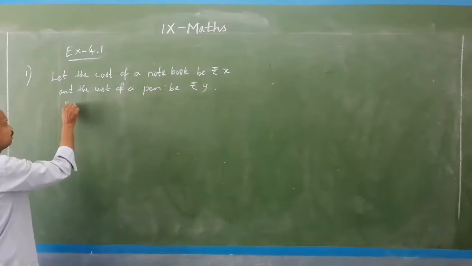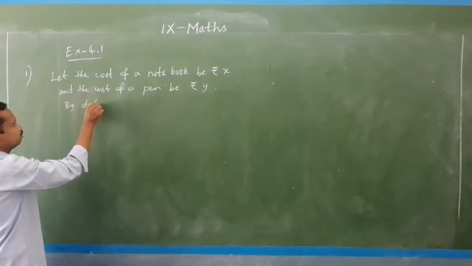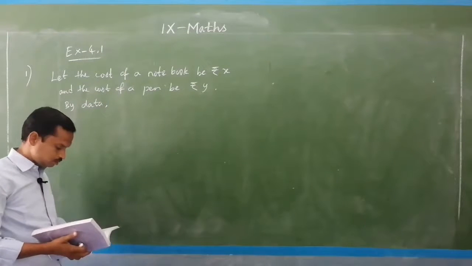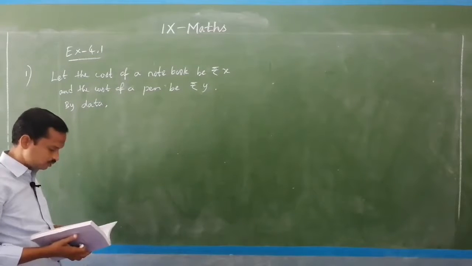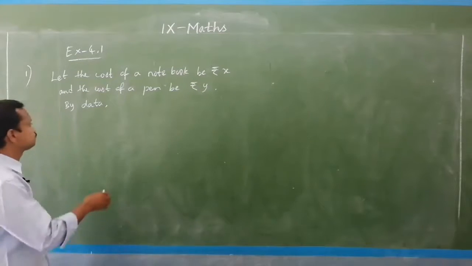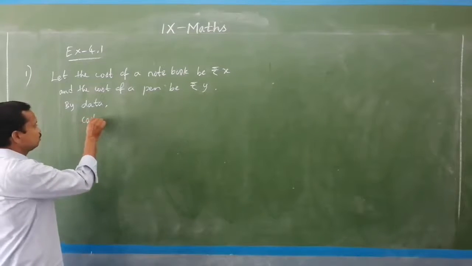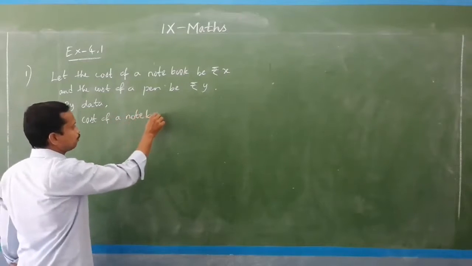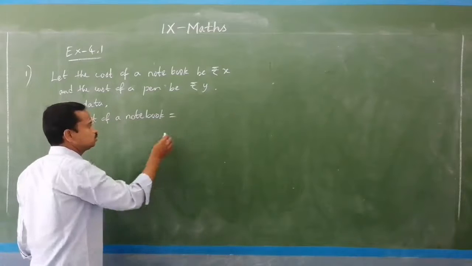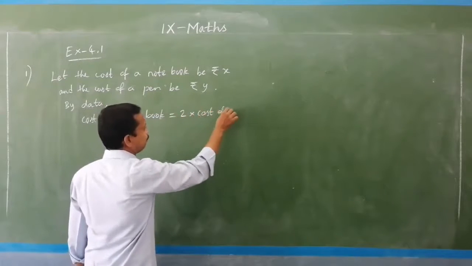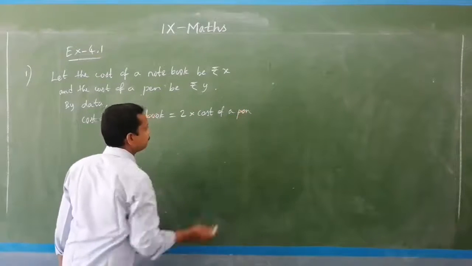By the data given in the question, the given part is: cost of a notebook is twice the cost of a pen. So this is what is given.